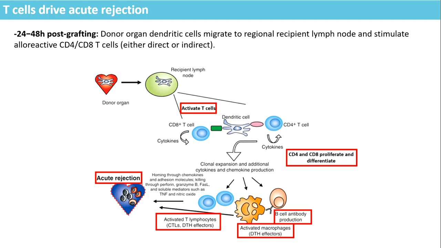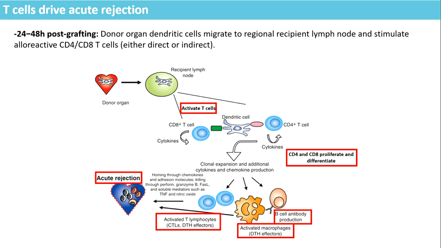It's showing that after 24 to 48 hours, we're getting induction of the immune response. So we've had our transplant. In this case, we're looking at direct recognition. So we've got the dendritic cell from the donor moving into the lymph node.